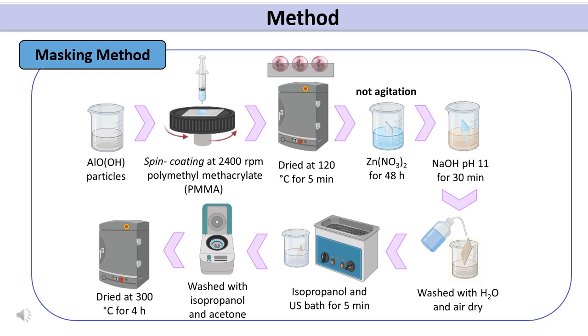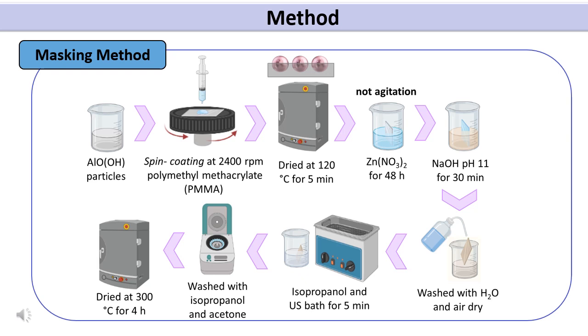Secondly, the substrate was heat-treated at 120 Celsius for 5 minutes in order to embed the particles. Once cooled, the substrate was introduced in a solution of zinc nitrate for 14 hours without agitation, then immersed in sodium hydroxide at pH 11 for 20 minutes, and then rinsed with distilled water and dried in the air.